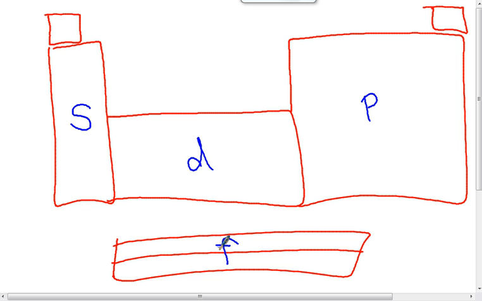How wide is this part of the periodic table? 2. How wide is this part? 6. How wide is this chunk? It's going to take a little more counting, but 10. And then go down here. These guys are 14.